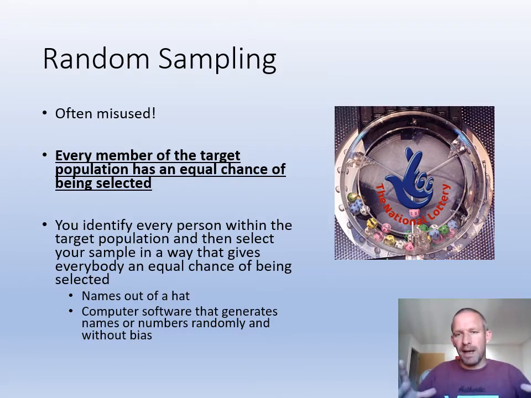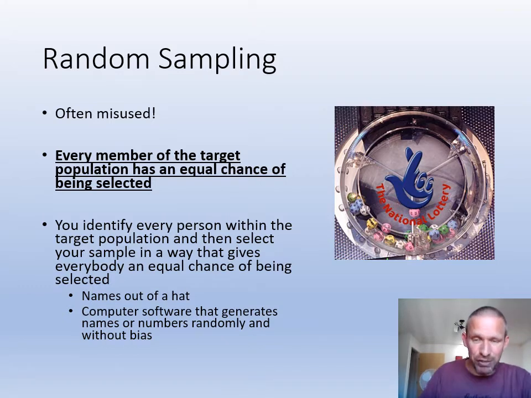If there's 50 people in your target population, and you want a sample of 6, then in this scenario, every one of those balls has an equal chance of being selected. Everybody in the target population has an equal chance of being selected. It is a random sample. That's what we're getting at here.